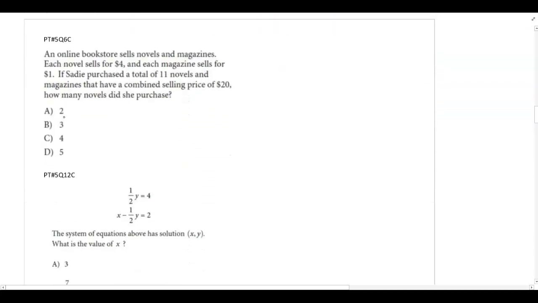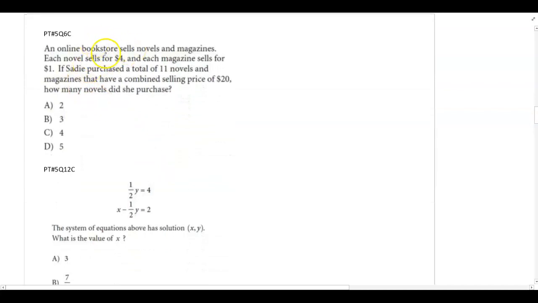Okay. Next one. An online bookstore sells novels and magazines. Each novel sells for $4 and each magazine sells for $1. If Sadie purchases a total of 11 novels and magazines that have a combined selling price of $20, how many novels did she purchase? So right away they tell you what your two equations are going to involve: the number of novels and the selling price, or your total bill.